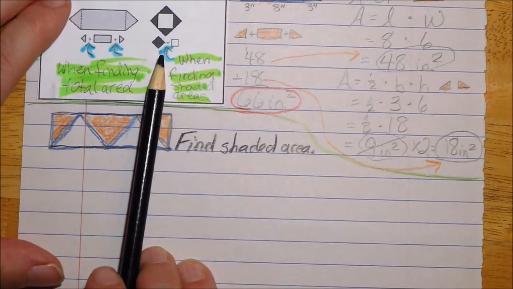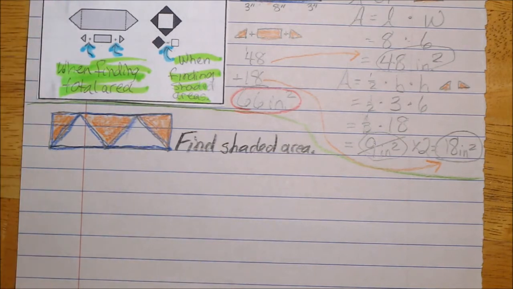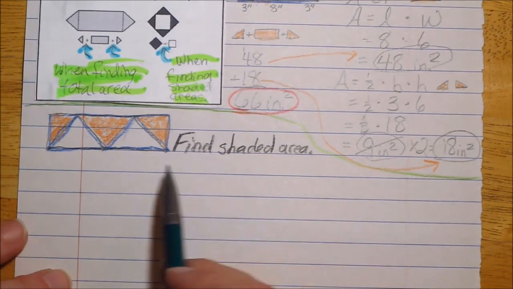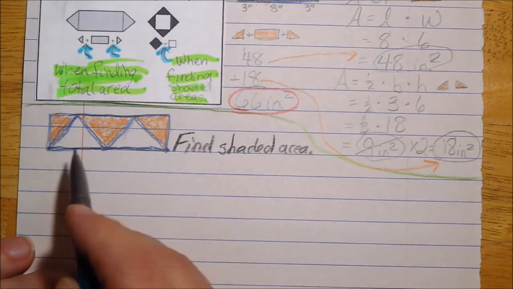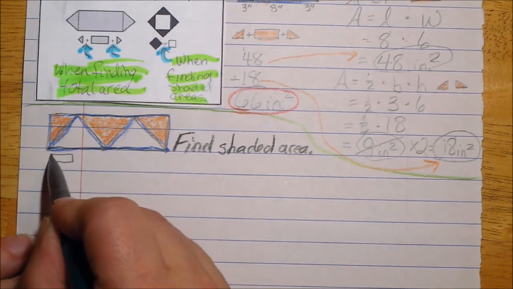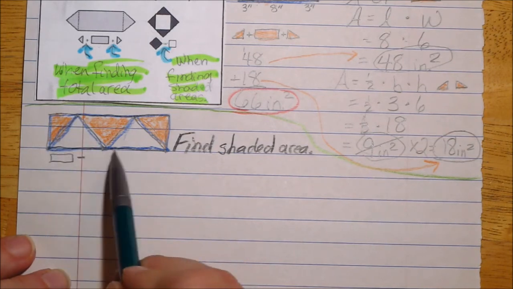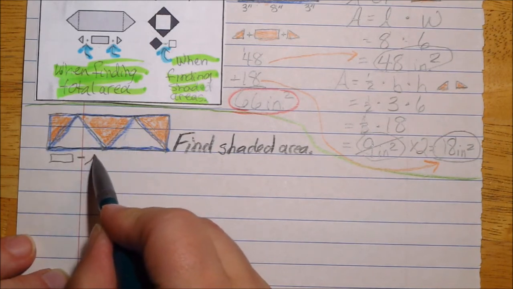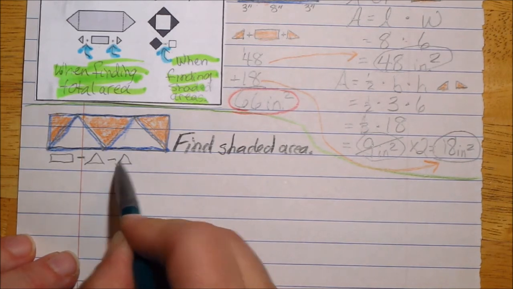it involves finding the area of a total shape subtracted by the area that is not shaded. Okay? So what we're doing here is taking the area of this entire rectangle and subtracting from it these unshaded triangles. So we'll be subtracting from it 2 unshaded triangles.